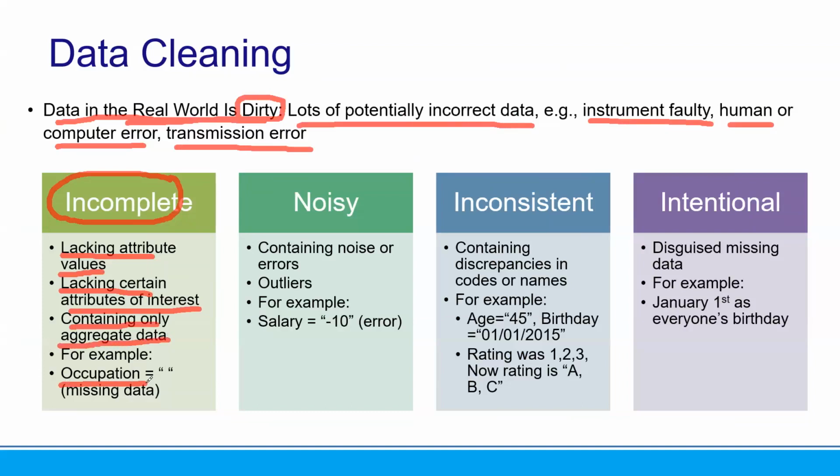So we call this incomplete. Some data might be noisy, containing noise or errors, or maybe we call them outliers. For example, your salary is -10. Of course, this does not make sense. Salary may not be negative. It should be positive.